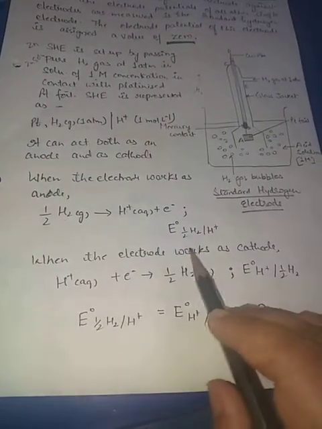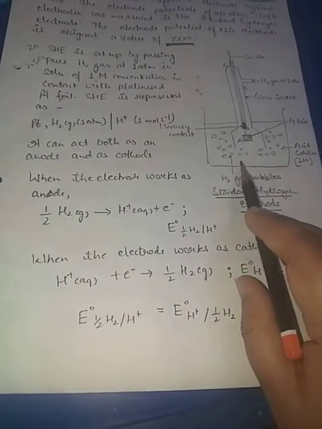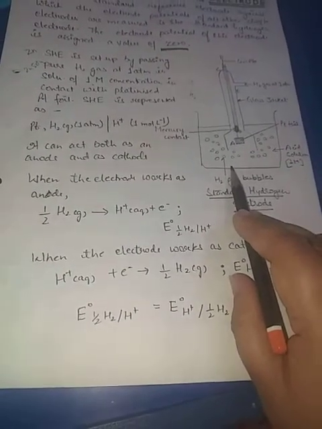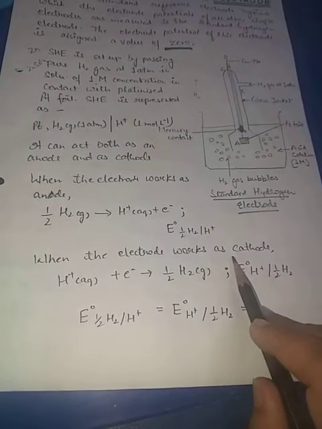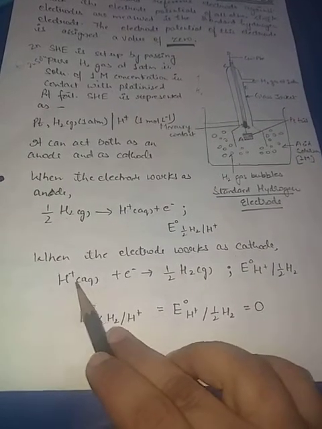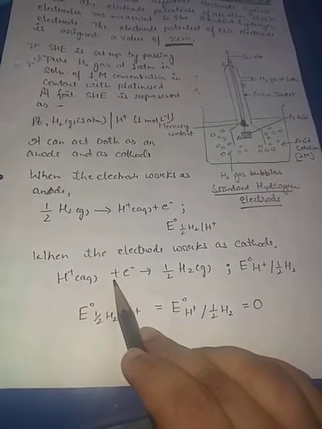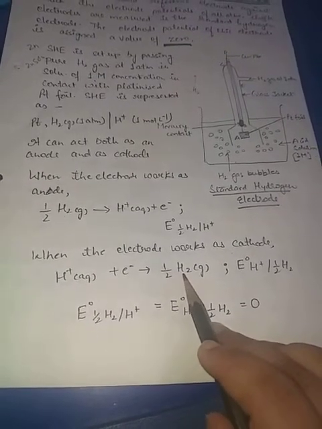When the electrode works as a cathode, where the reduction is taking place, it means H plus in aqueous state will gain an electron and change into half H2, or hydrogen atom.